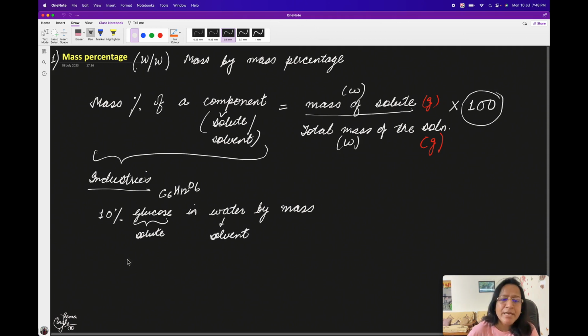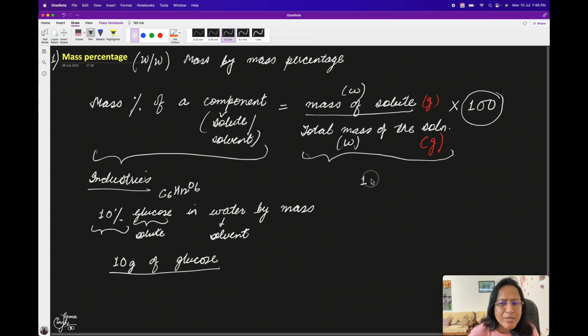How are you going to prepare it? You're going to weigh 10 gram of glucose, right? Now it says that I need to show you that the mass percentage comes as 10%. What does it mean? 10 gram is glucose. You talk about the total mass of the solution. Now the total mass of the solution has to be 100 because we are talking about percentage. It cannot be more than 100, right? So 10 gram is occupied by glucose.